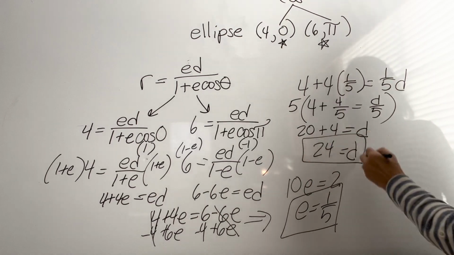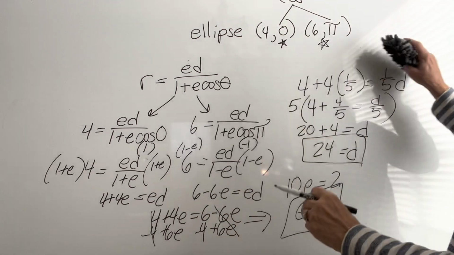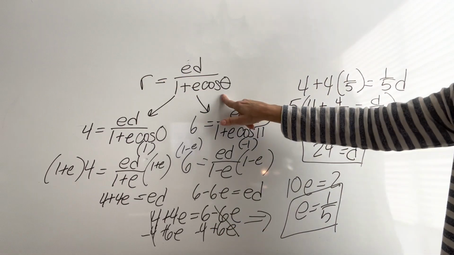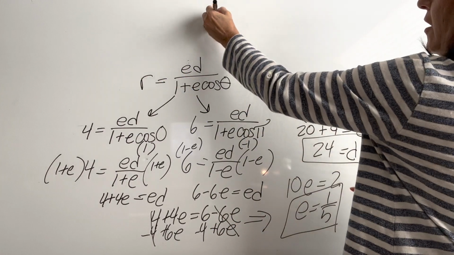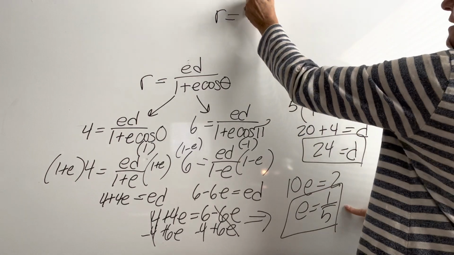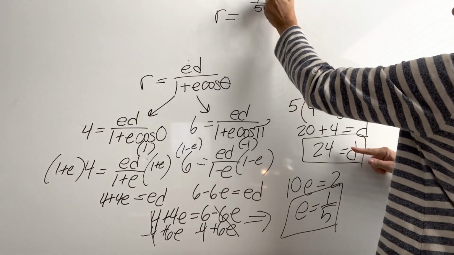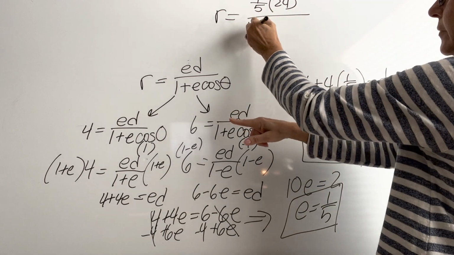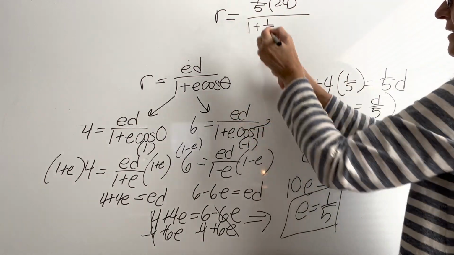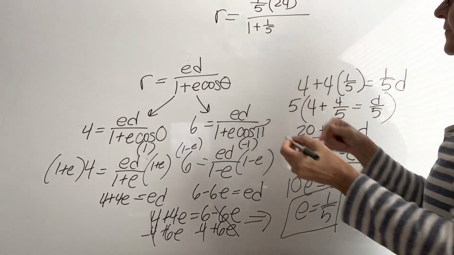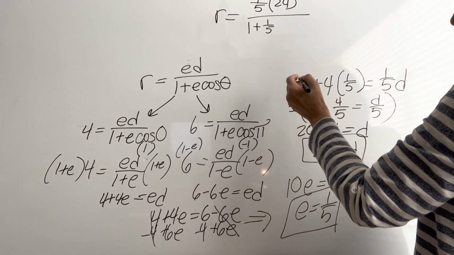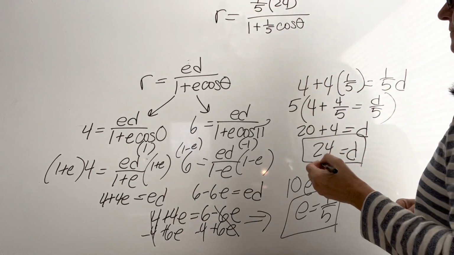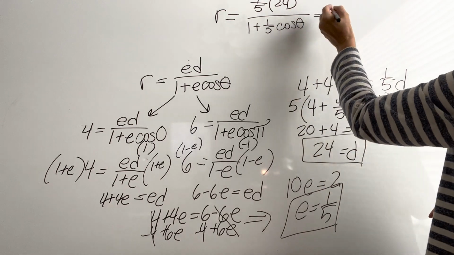All right. Now, I'm going to just plug in e and d right here. So we have r equals, the value of e is 1/5, times d, 24, over 1 plus the value of e, right? That tells me it's an ellipse, times cosine theta. And they wouldn't leave it like this.